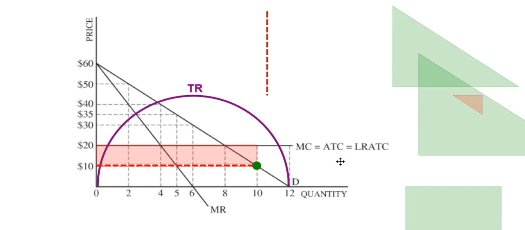And always remember, average total cost includes opportunity cost or implicit cost. So however far the price is below average total cost is going to be the economic loss. If price is above average total cost, the firm will experience economic profits. So you simply have to figure out the area of this loss area, which is $10 times 10, and that's the negative loss that they're going to experience.